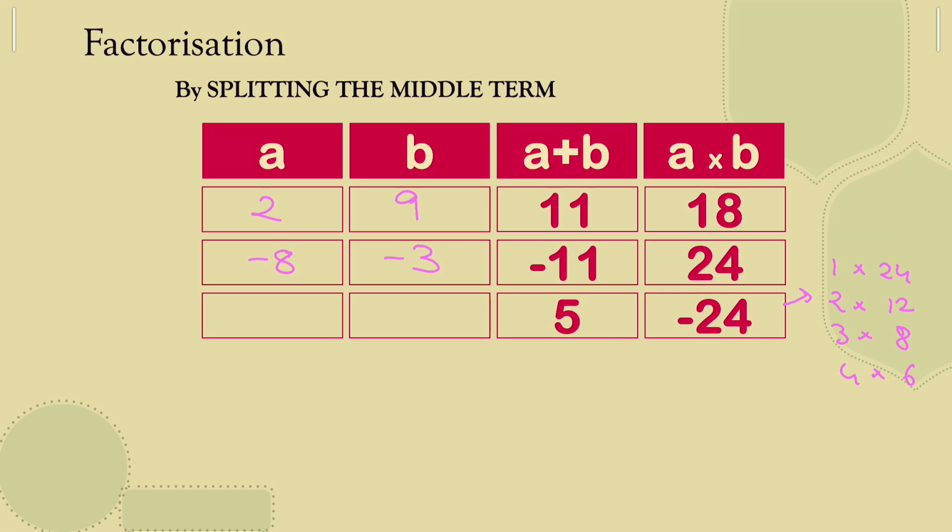Now negative product means any one integer which is multiplied will be negative. You want positive sum, which means the sign of the bigger number should be positive. So 8 positive and 3 negative, that will give you the sum as positive 5 and product as negative 24.